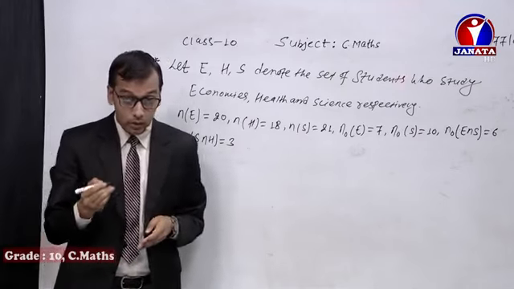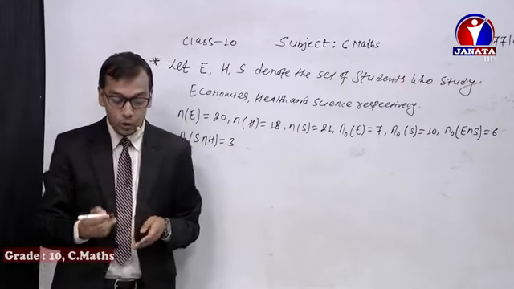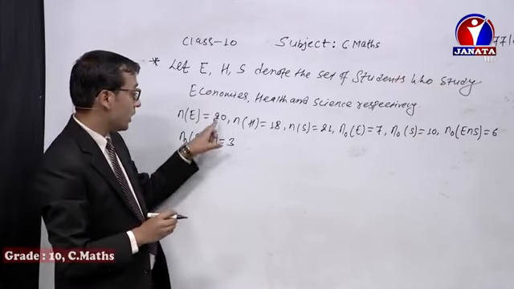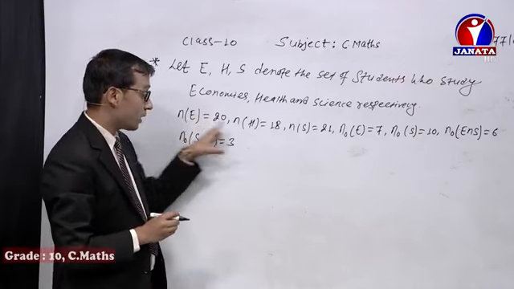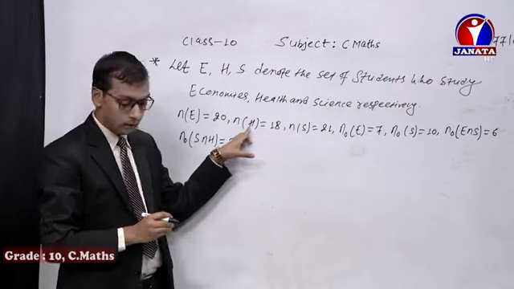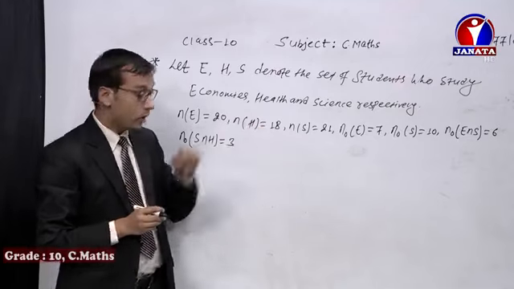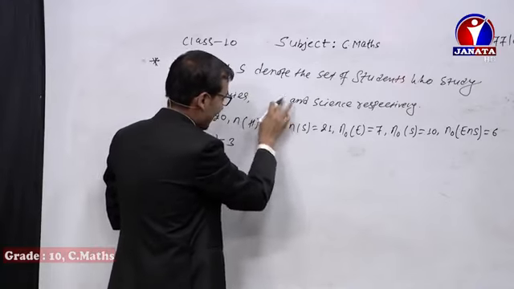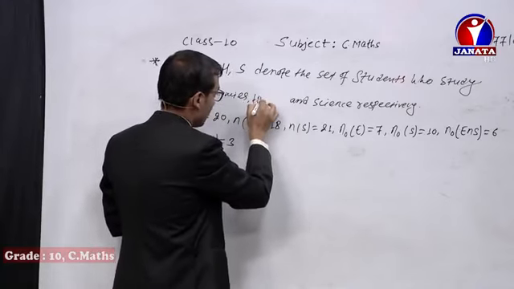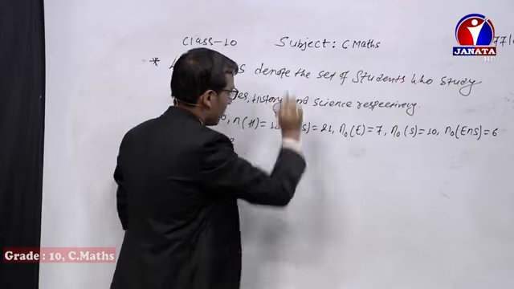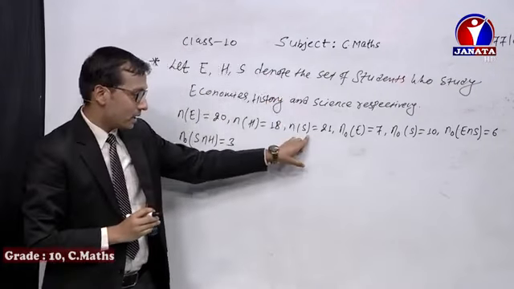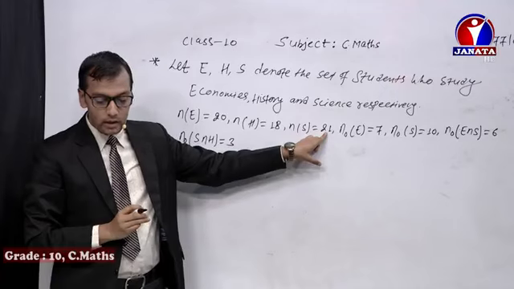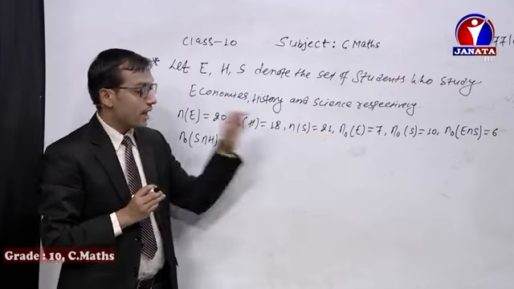So let me read the question again. In a group of students, 20 study economics. So here 20 students study economics, 18 study history. Let's make a correction here. This is history, not health. History. And N of S is 21, students study science.